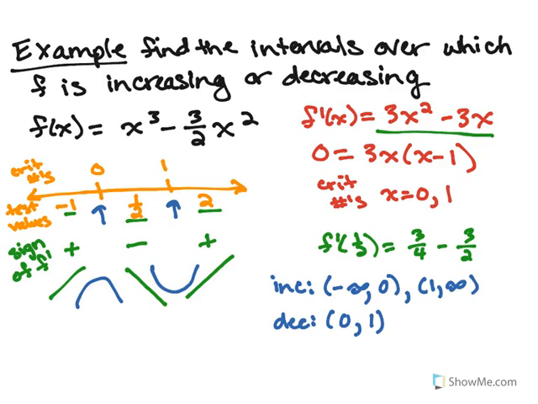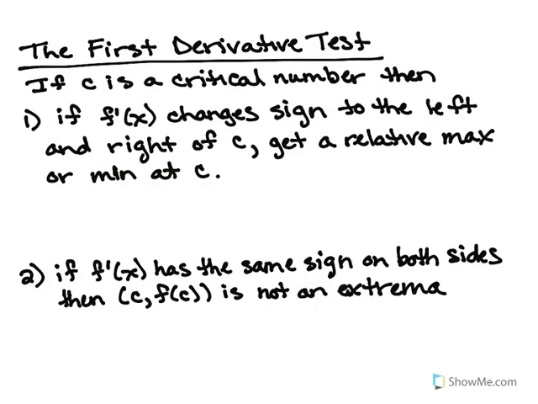Okay? What we did is we found intervals of increasing and decreasing, but if we take that a step further and use it to classify the critical points, that's called the first derivative test. So, if c is a critical number, then if f prime of x, the derivative, changes sign to the left and the right of that critical number, we're going to get a relative max or a relative min at that critical point.